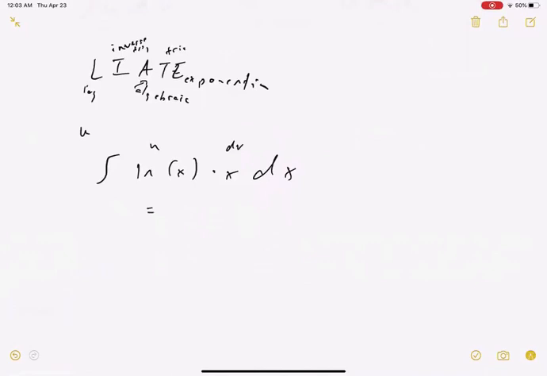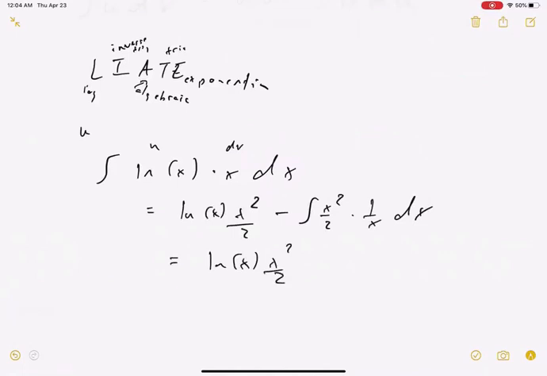Okay, when I do that, I get ln of x times x squared over 2, and I should get this integral.